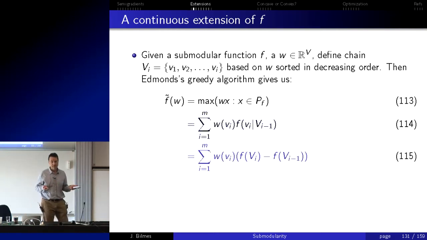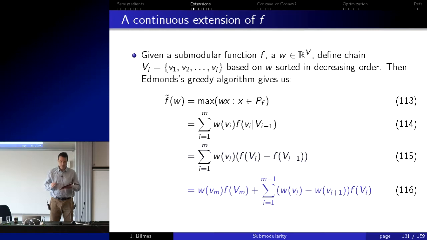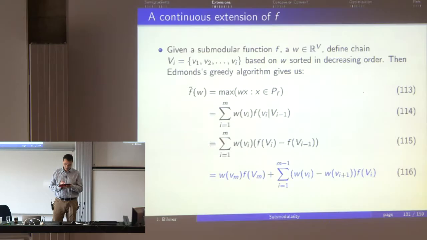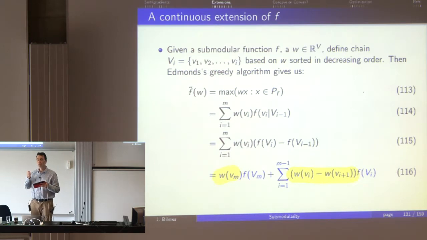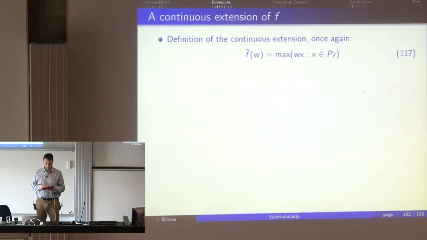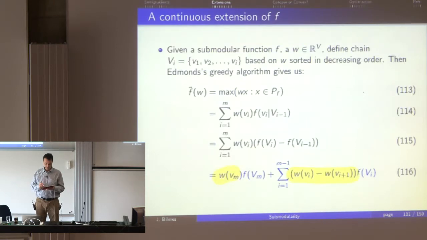And here's the same thing written out a little more explicitly in terms of the differences. Then we can regroup items so that we've got a set of coefficients that weight individual function evaluations. So it's seen now as a weighted combination of the submodular function evaluations. We've got a bunch of weights here which correspond to a difference of the w's.